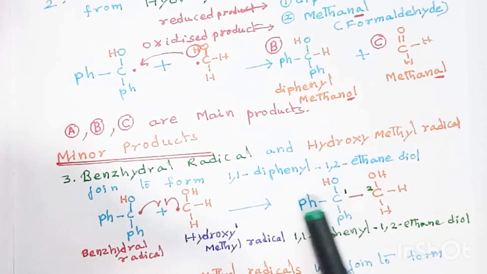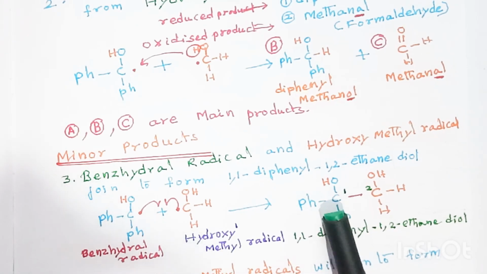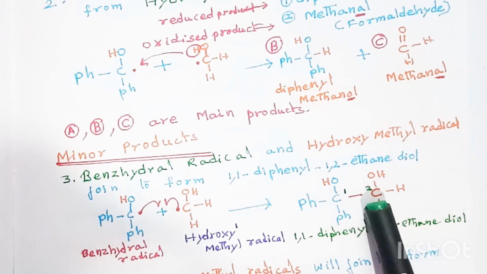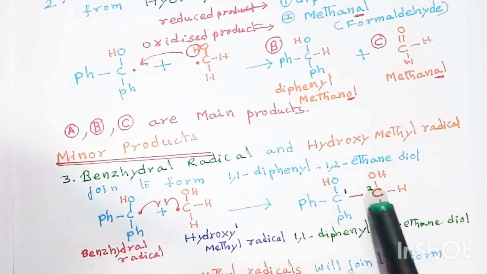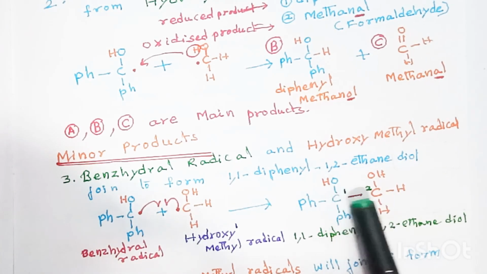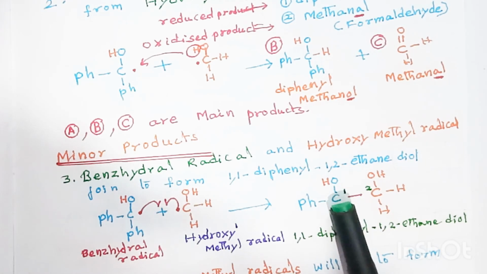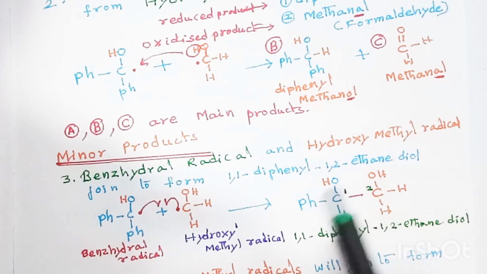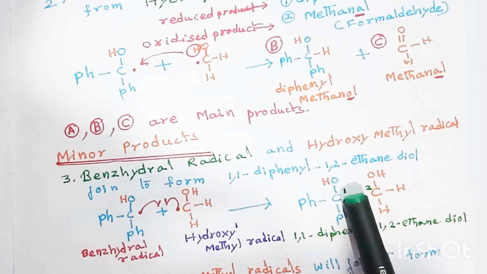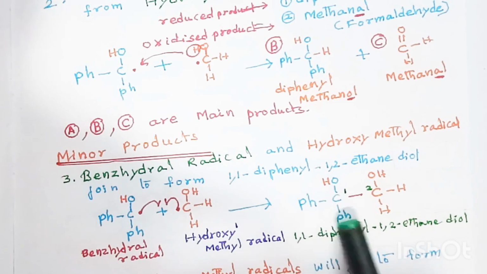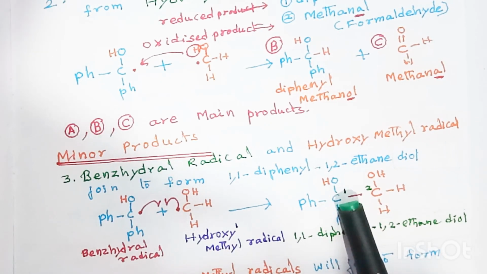As a result of which we get Ph2C(OH) and CH2OH. These two radicals join to form a new bond here. So as a result, this carbon is 1, this carbon is 2. So we get 1,1 because 2 phenyls are attached to the carbon atom.